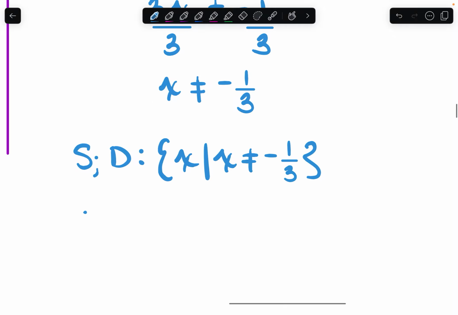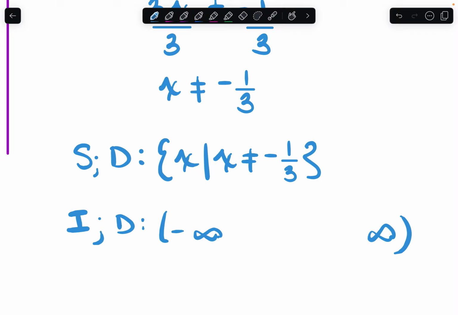All right, interval. So I can start at negative infinity. I can continue to positive infinity, but I got to jump over -1/3. So I'm going to stop and jump -1/3, union, and continue on the other side and jump over it.